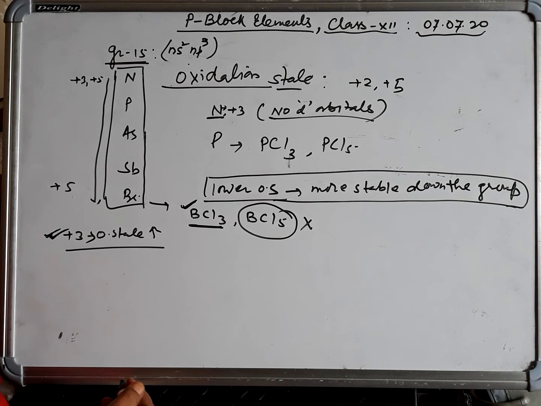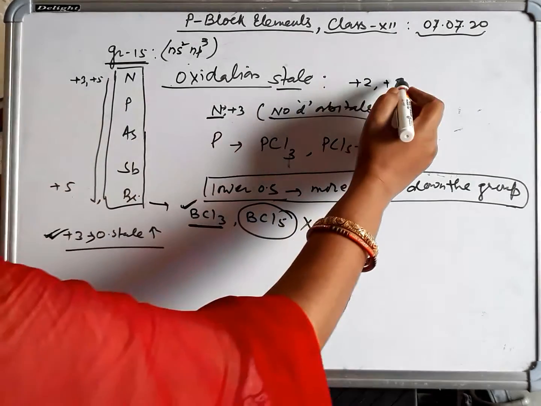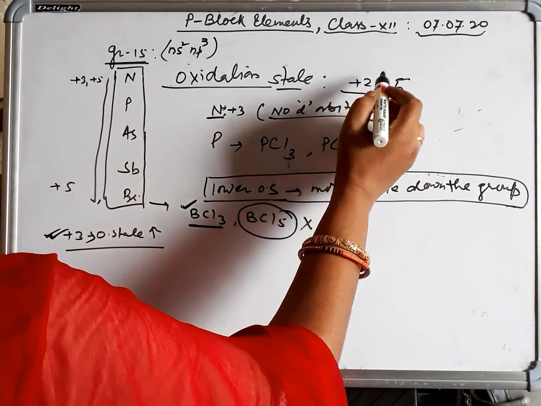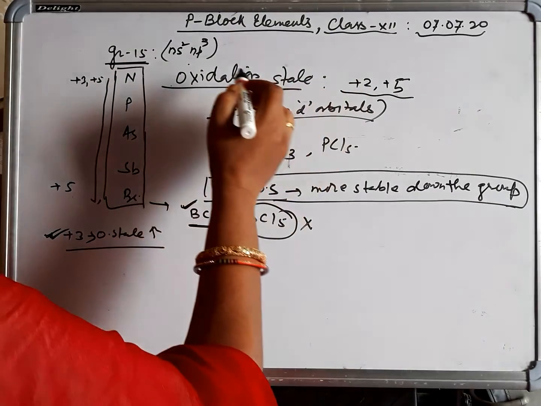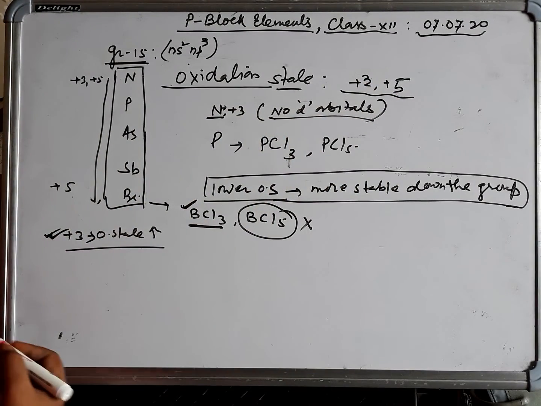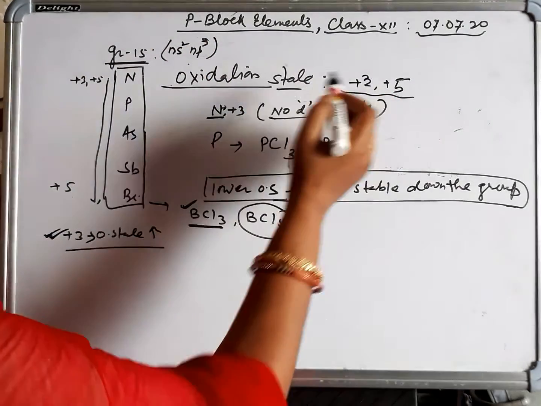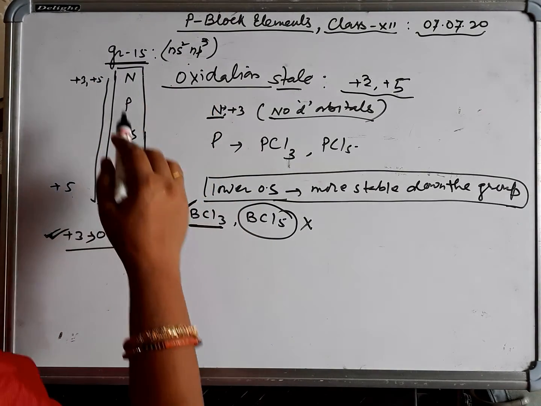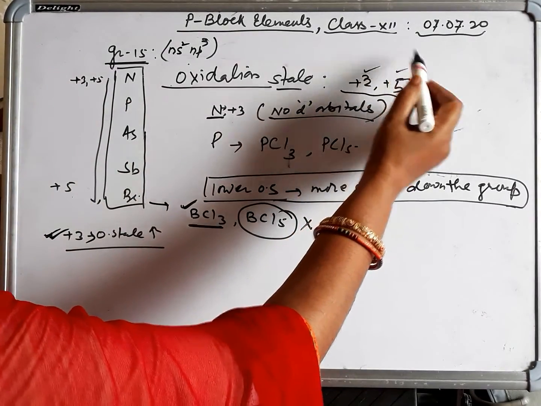So students, once again I am explaining: group 15 shows two oxidation states, +3 and +5.